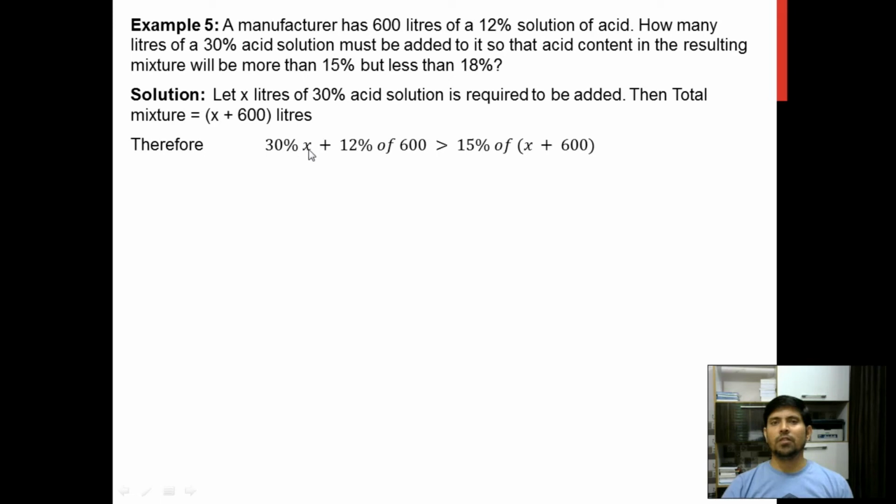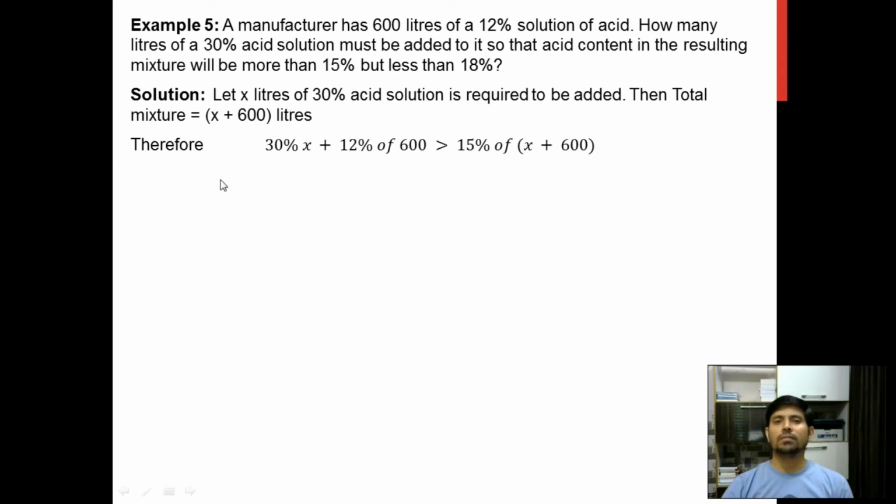Why 30% of x? Because x liters of 30% solution we added to the 600 liters of 12% solution. It means 12% of 600 plus 30% of x, both we have added here, and the concentration of this whole solution must be greater than 15% of the total solution, x plus 600.